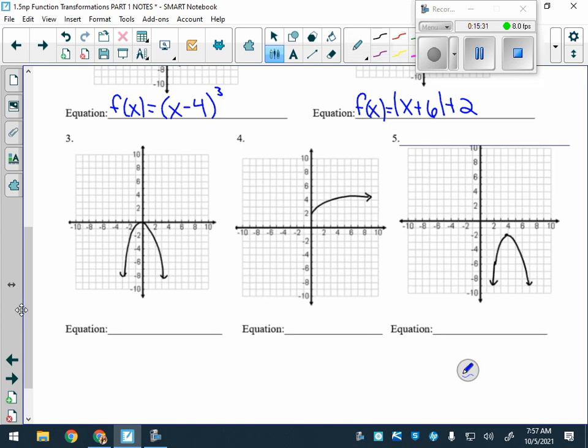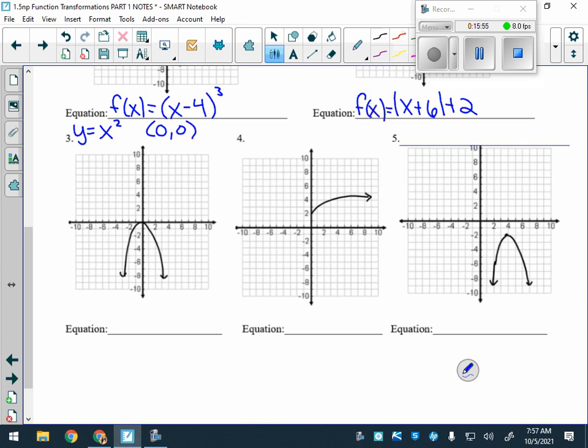What is our parent function? Anna? It is a quadratic. Okay, so it's our quadratic. What is our vertex? Yeah, 0, 0.